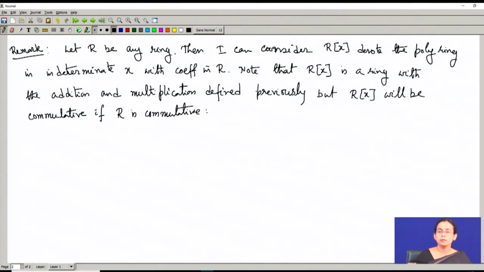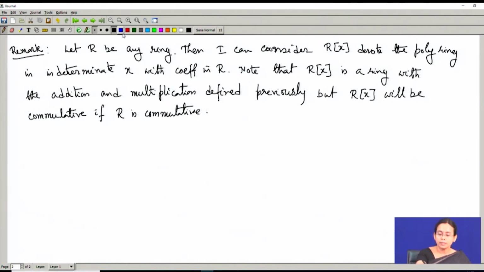This is a very important observation: in general not any arbitrary polynomial ring is commutative, but if I consider the polynomial ring over a commutative ring, then the polynomial ring will be commutative. And in general, we can talk about the polynomial ring over any arbitrary ring, which need not be a field. Keeping this in mind, I will now give you the example.